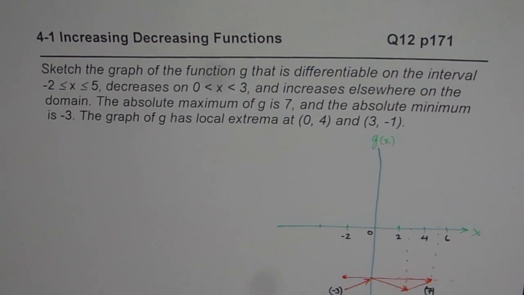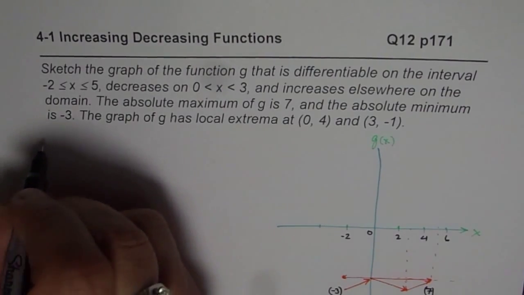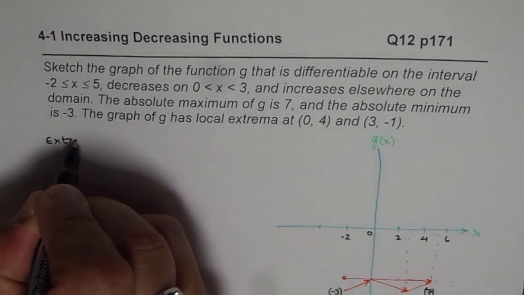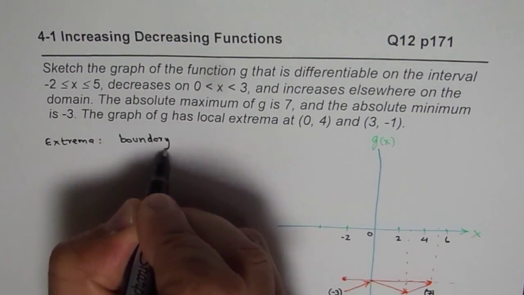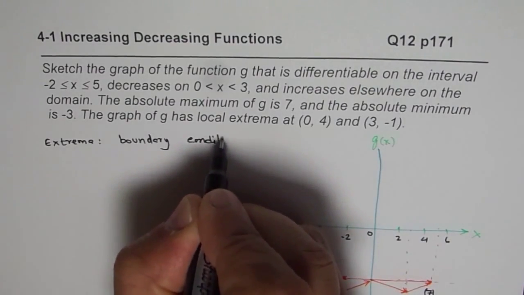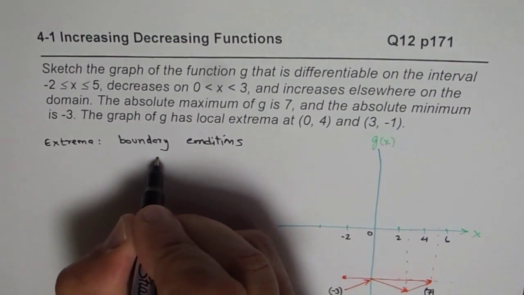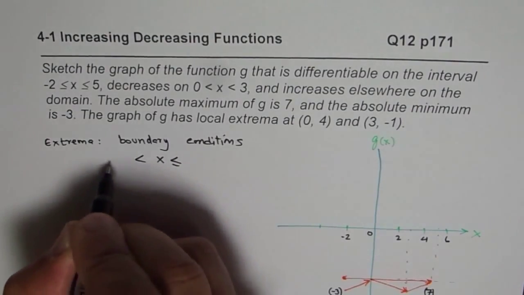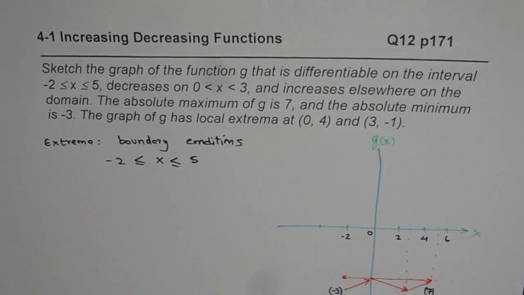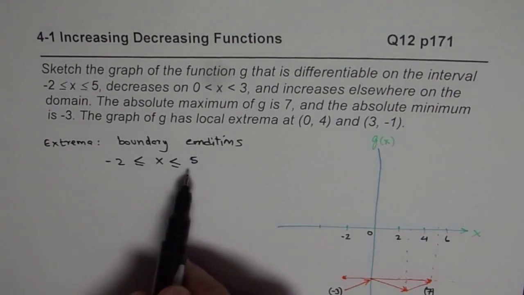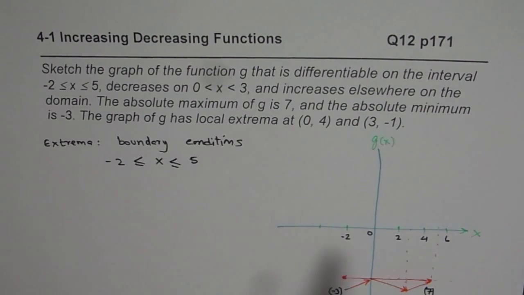Remember one thing: extrema means we have to consider boundary conditions. Since the boundary for our function is between -2 and 5, these are our critical points to consider. Because the function is increasing, that becomes the lowest value and that is the highest value, probably 7.